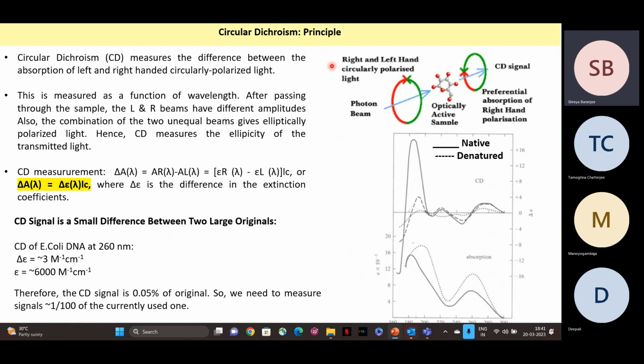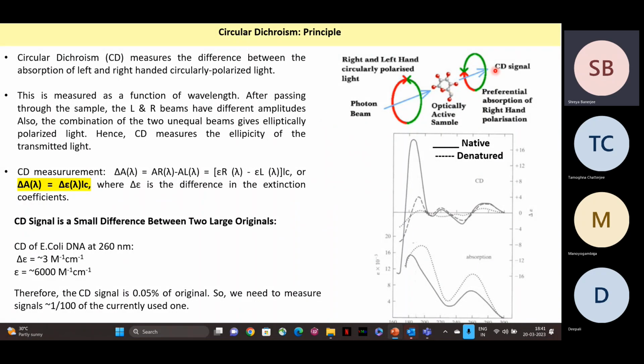So CD basically measures the difference between absorption of left and right-handed circularly polarized light. This is measured as a function of wavelength, and after passing through the sample, the left and right beams have different amplitudes.